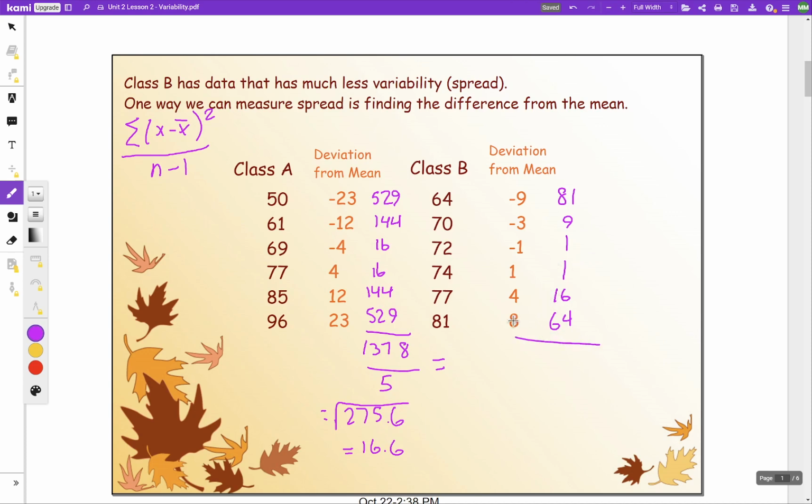I'm still going to add them up. So that is 172. Okay, and then we're going to divide by 5, and then we're going to take the square root of that.